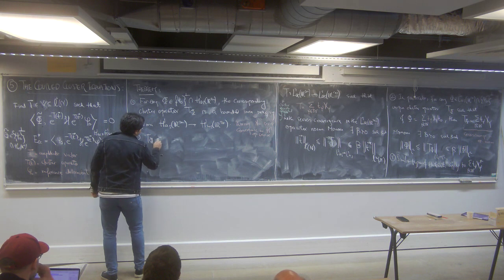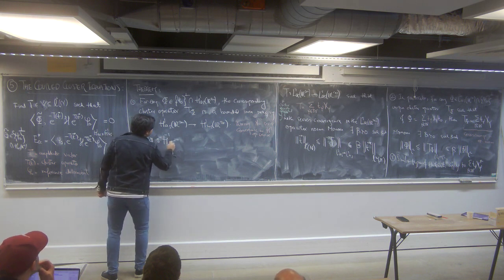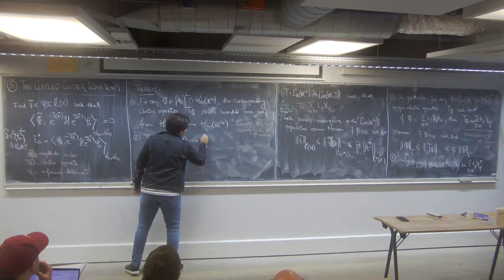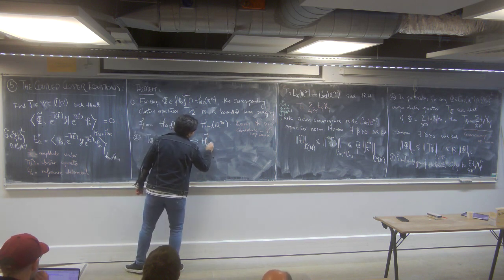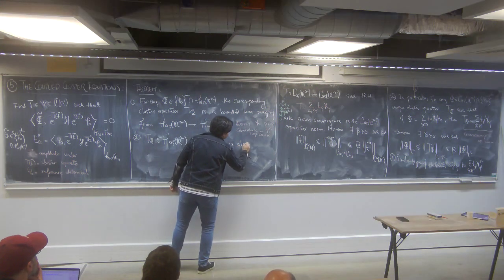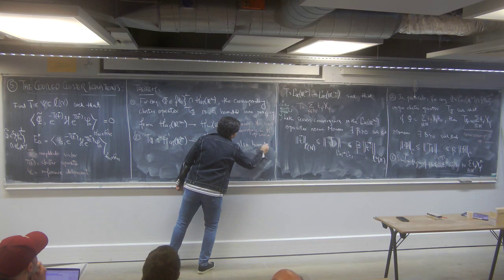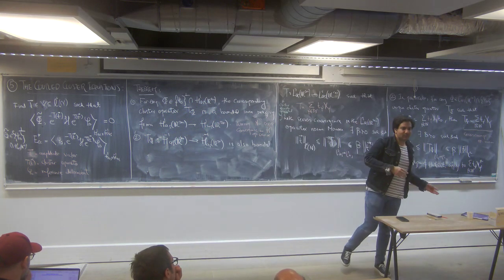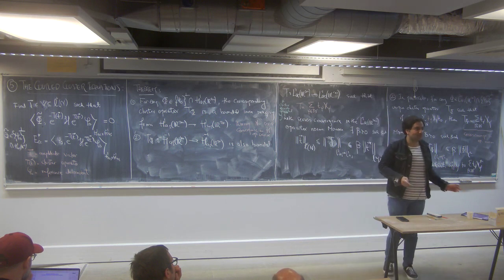Second statement, T phi is also bounded from H minus 1 to H minus 1. So you can go from H1 to H1, and you can also go from H minus 1 to H minus 1.